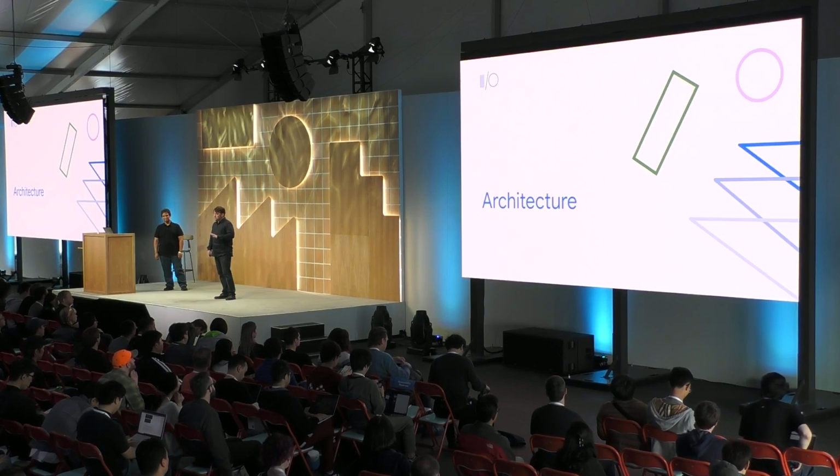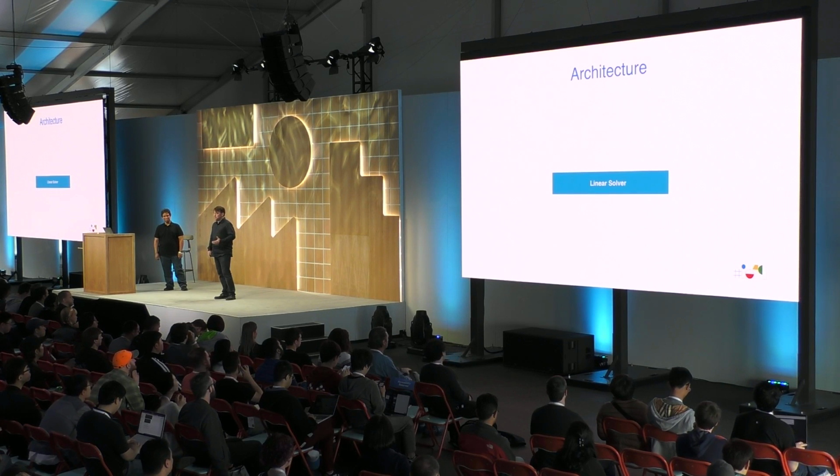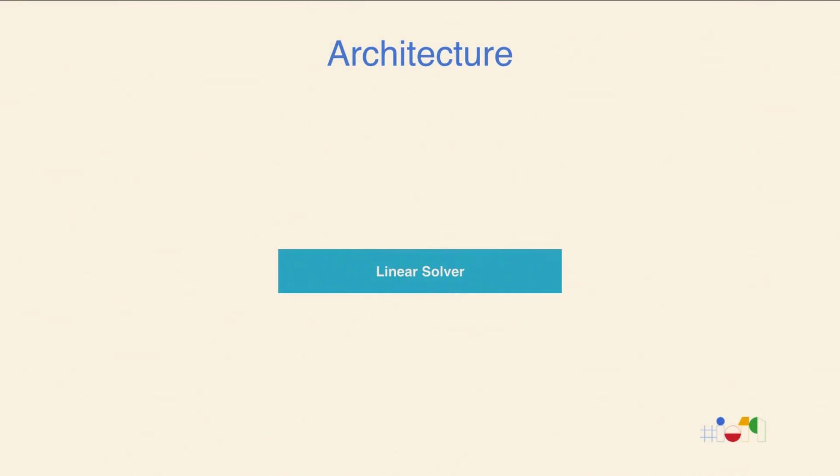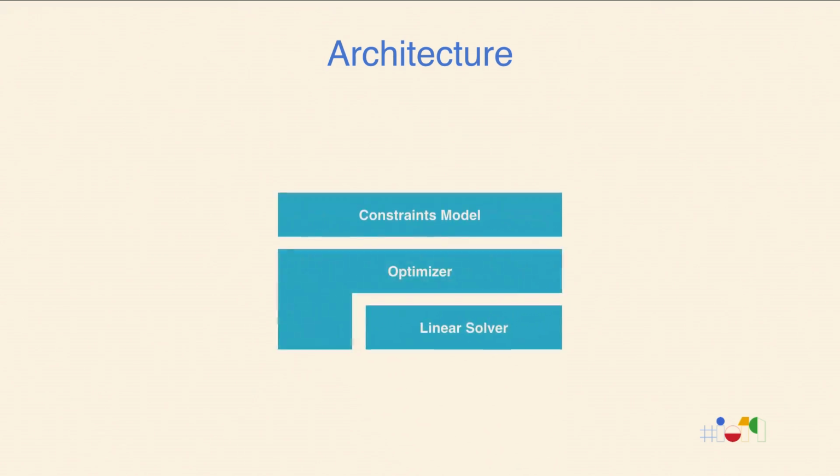So to present things a little, here is the overall architecture of Constraint Layout. We are starting with this very generic solver that can do a lot of computation for us and express your layout in a very complex way. But we don't expose that directly. What we expose is this constraint model. The nice thing with this is that we can, in between, add an optimizer that takes care of a lot of situations that are very unambiguous and don't need a linear solver.